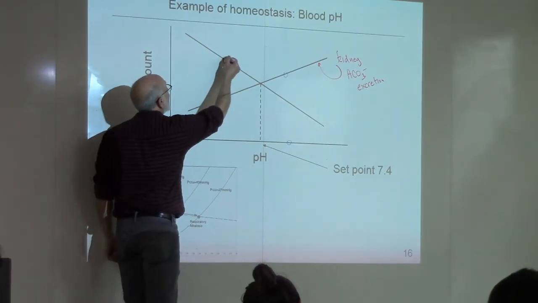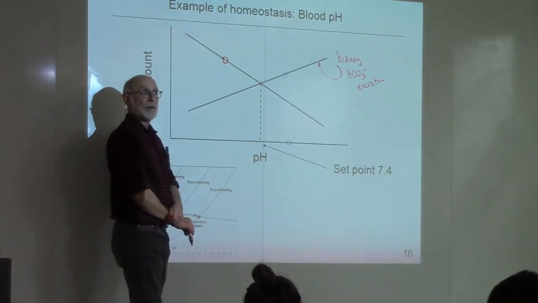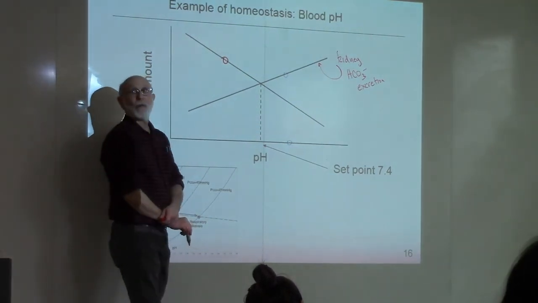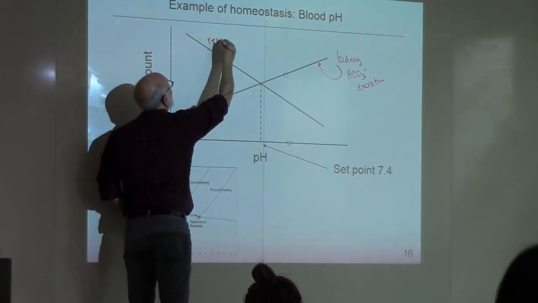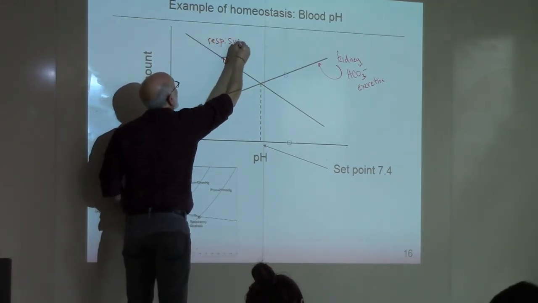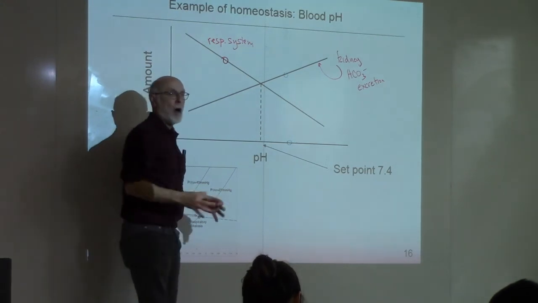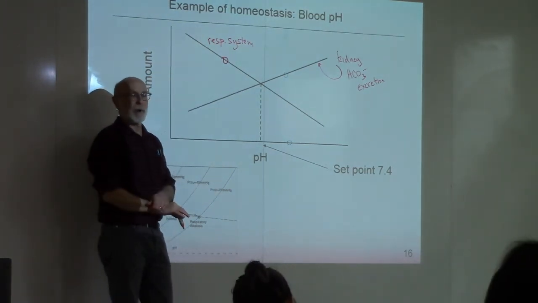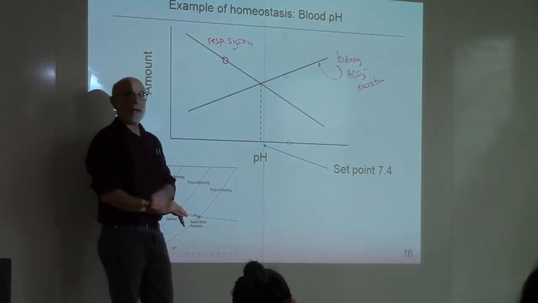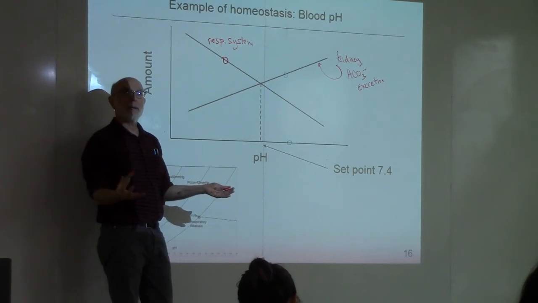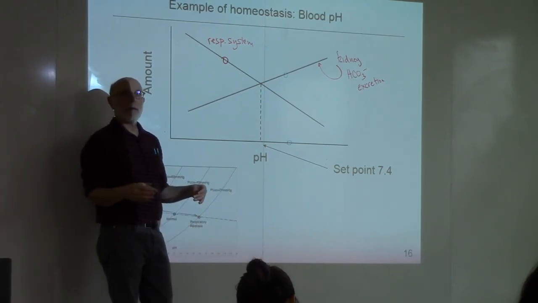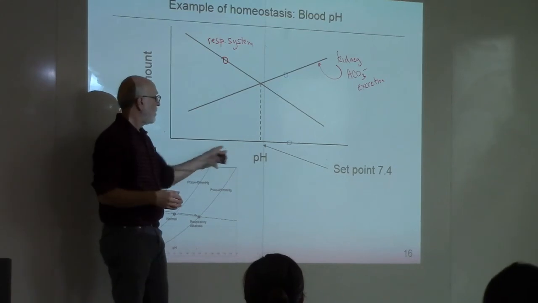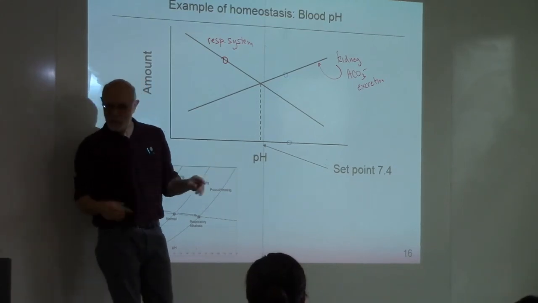What is activated in acidosis? The respiratory system. So what happens? What do we call the response of the respiratory system? An increase in... if we have acidosis, am I doing this right?